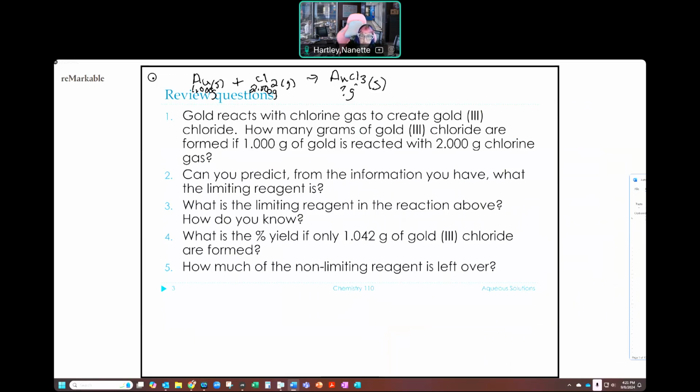And I always write this way so that I've associated the mass with each of the materials that I'm starting with. That keeps all that information together for me. I write everything down that's in the problem so that it's associated with that balanced equation that I've written. And that way I don't have to look at anything in words again. I can just pull it from that equation that I've written.